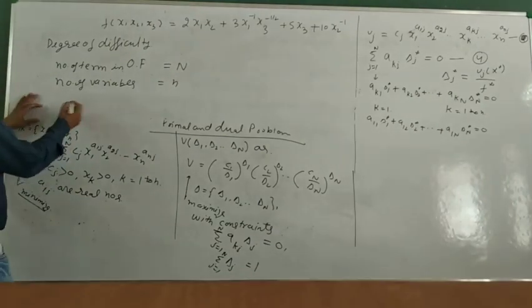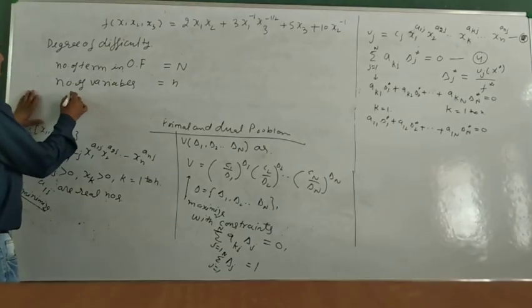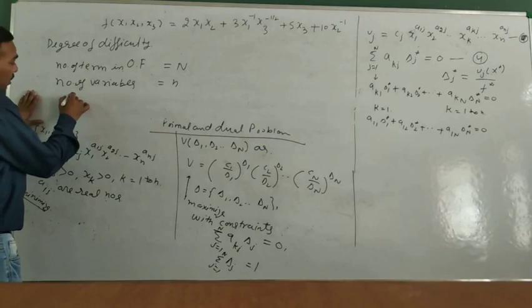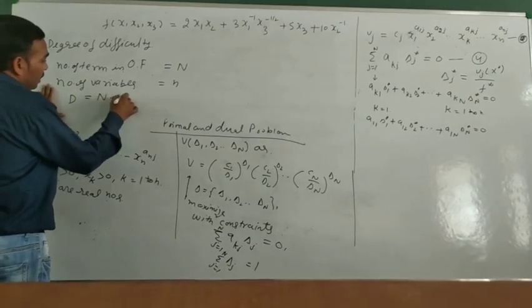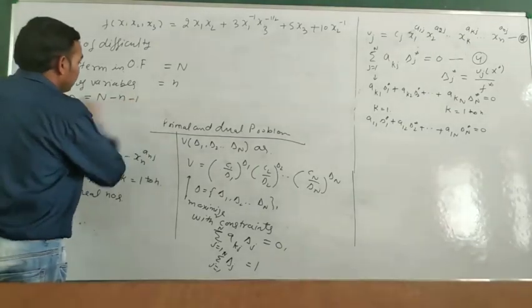So define the degree of difficulty d equal to n minus (number of variables plus 1).